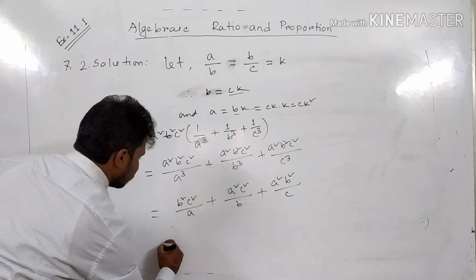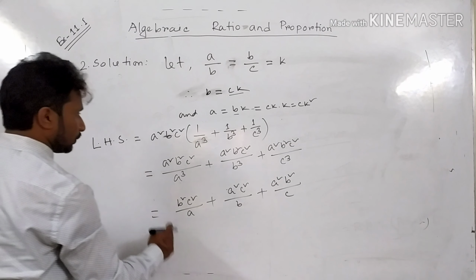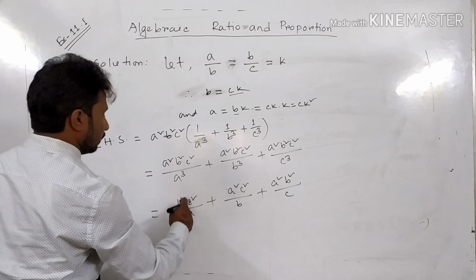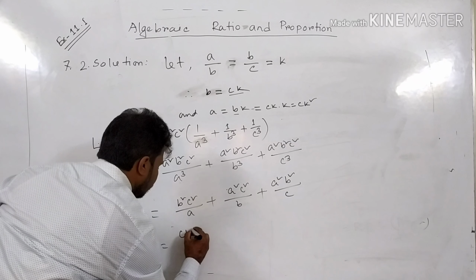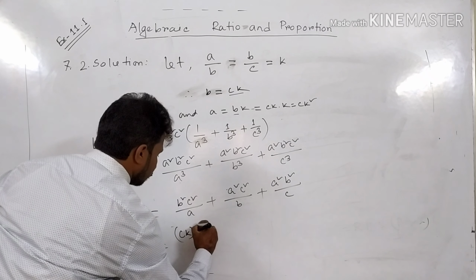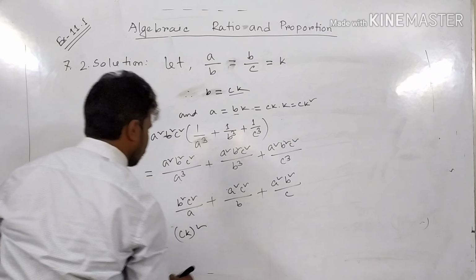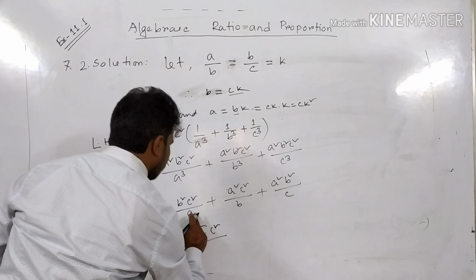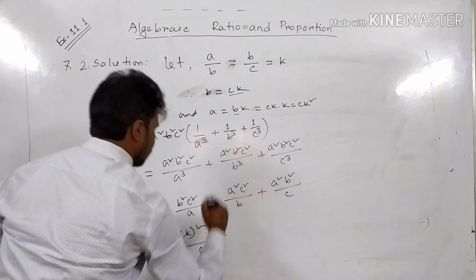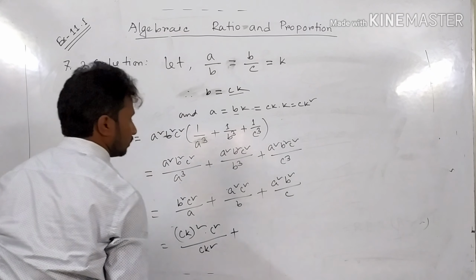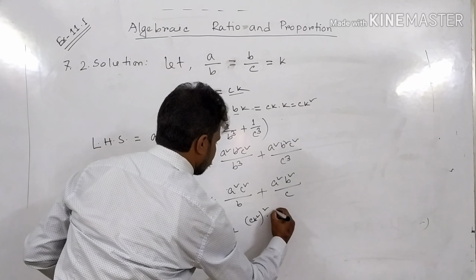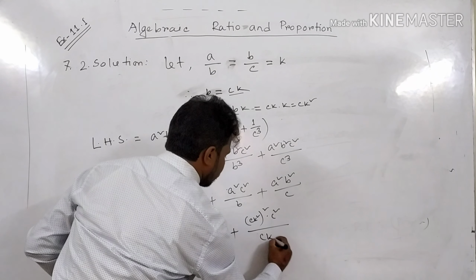Now you write the value of this. Value of b equal to ck square, and into c square divided by... Value of a is ck square, plus a square ck square into c square divided by ck.